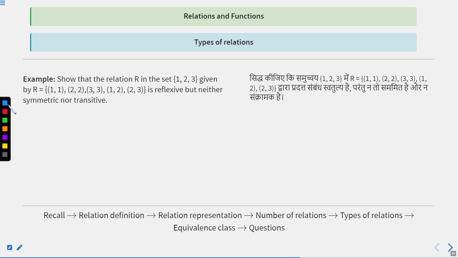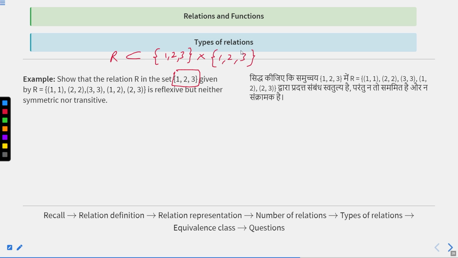Show that the relation R in the set {1, 2, 3}. My relation is from this set to this set itself, so R must be a subset of {1, 2, 3} cross {1, 2, 3}, the Cartesian product.